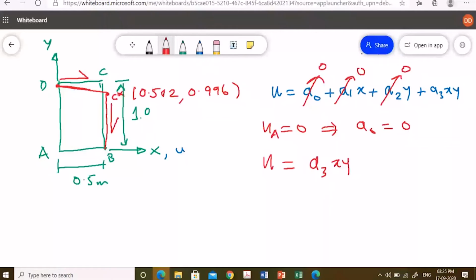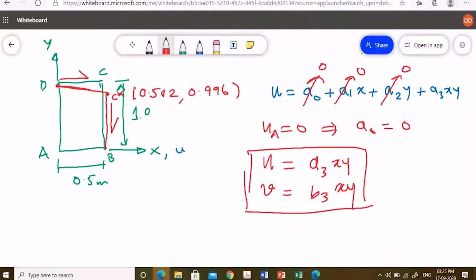Similarly, because it's more or less symmetric, V we will write as B3 XY also. So this is my governing equation, the primary equation for how the deformation has occurred. You have to understand this from the figure.